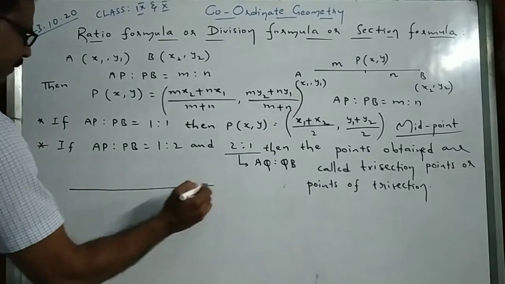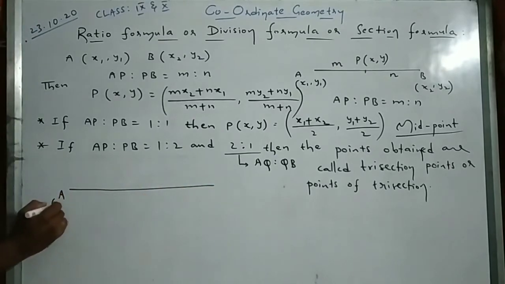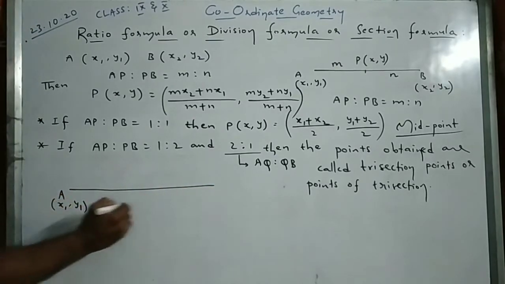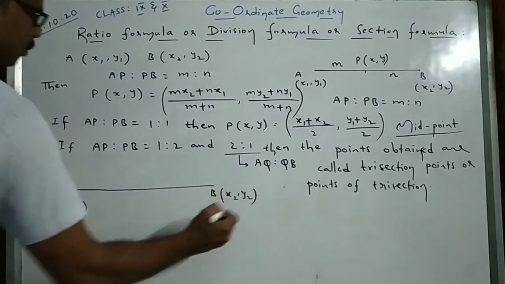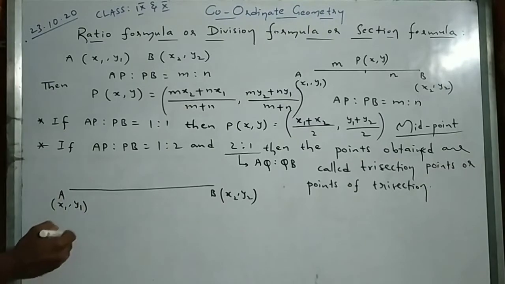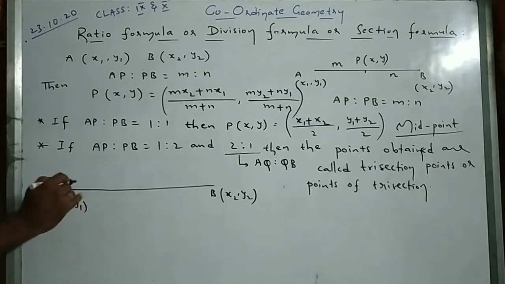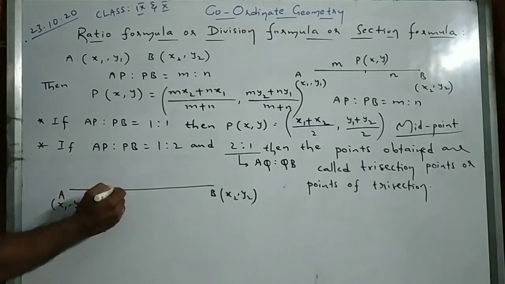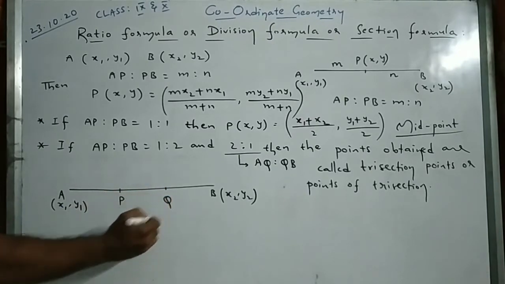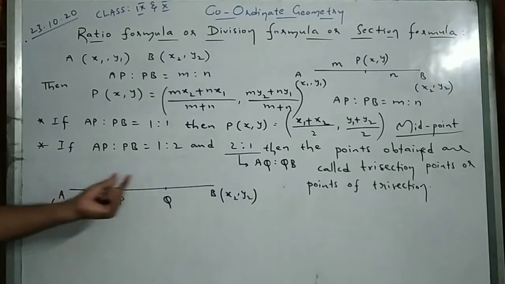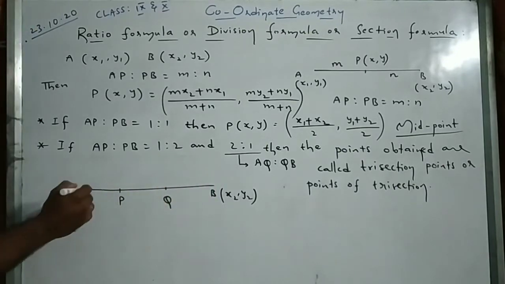I'll tell you, see. This is A of x1, y1. This is B of x2, y2, right? So, how many points will divide AB into 3 equal parts? You are right, 2 points. 2 points will divide AB into 3 equal parts.